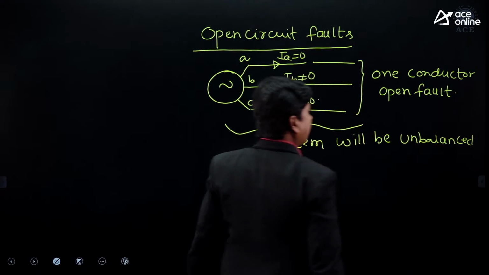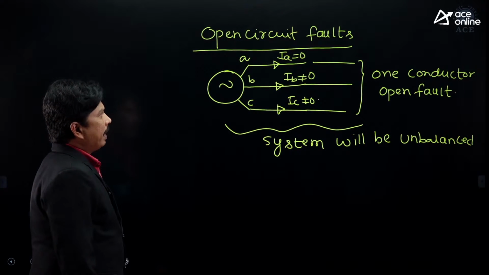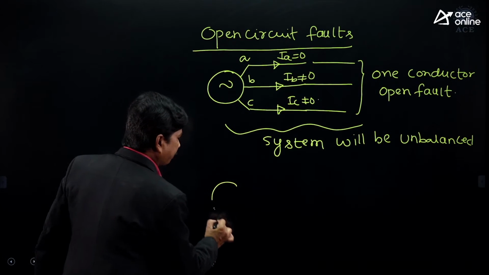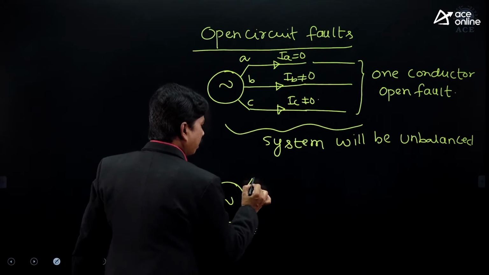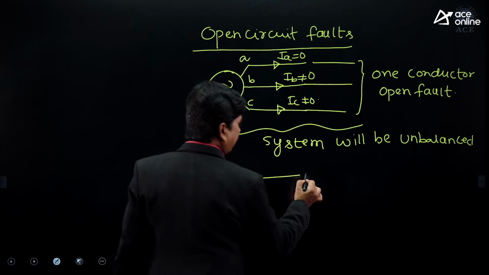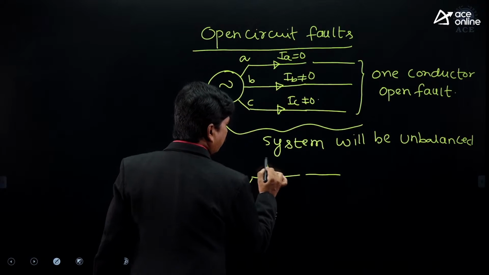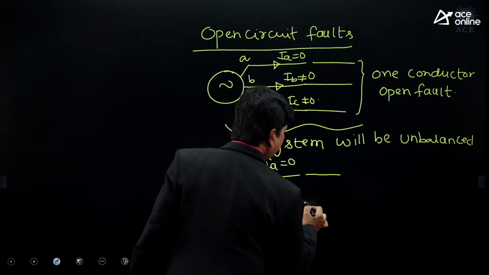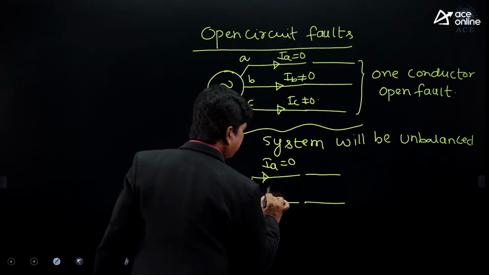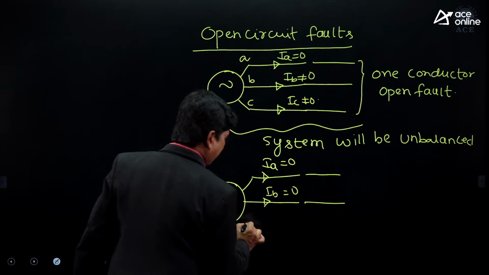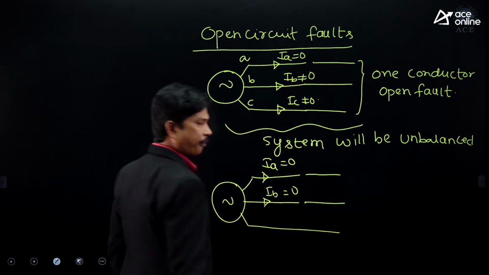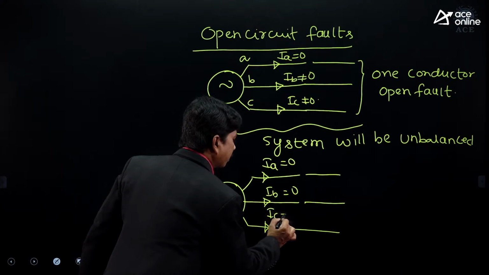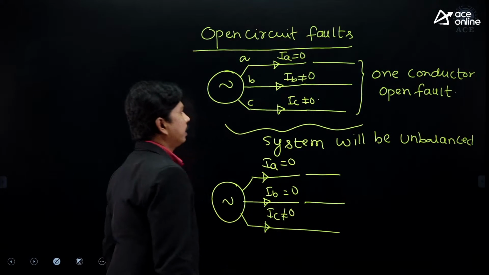Right. And suppose whenever you are having two conductors open, suppose if it is the generator and one conductor is open where IA is equal to 0, and one more conductor is also open where IB is equal to 0, and one more conductor is safe, right? So here IC is not equal to 0.